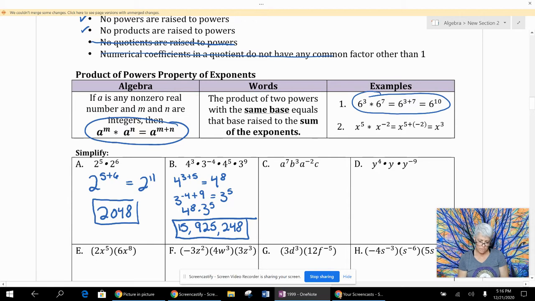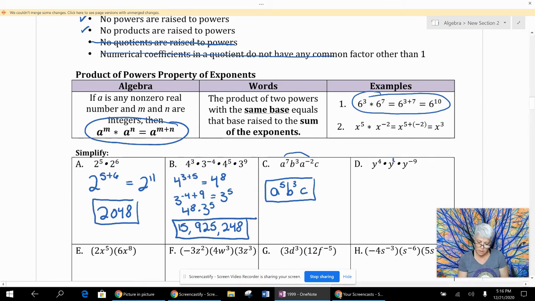All right, so here we have variables. So it's just a big matching game. I have two A's, and if I combine those two, I have A to the power of 5. The B doesn't have a friend, and neither does the C, so we're going to leave them alone. D messes people up a lot because the Y that's sitting by itself is actually Y to the power of 1.